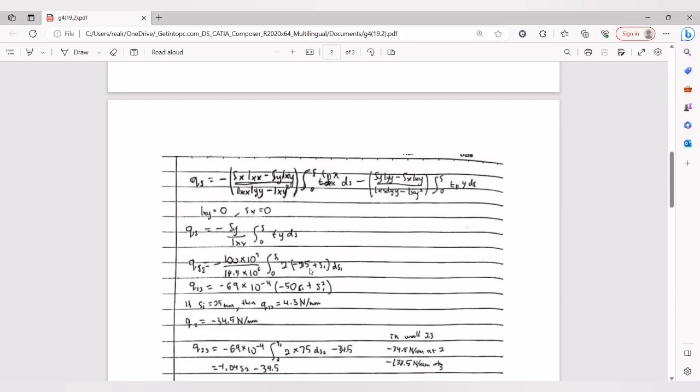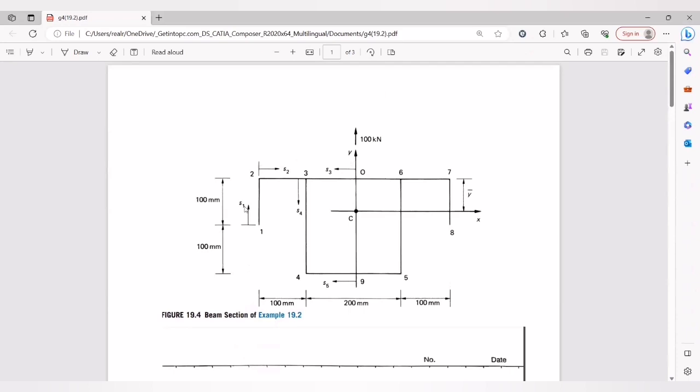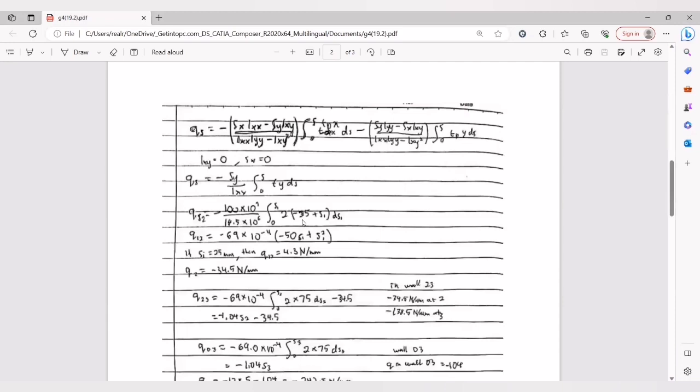This is from S1 moving upward, so positive, and then minus the distance from point 1 to the center, which is negative 25.